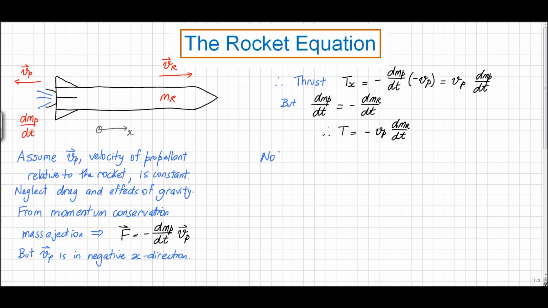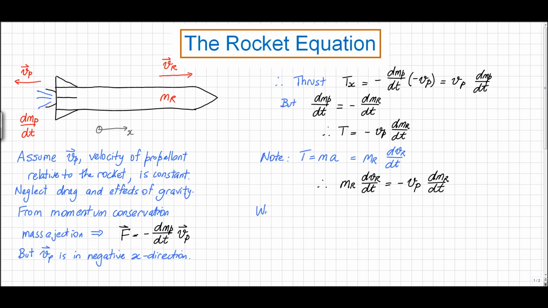Now we can also say that the thrust is the mass times the acceleration for the rocket. So our mass of the rocket is mr, and the acceleration is the rate of change of the velocity of the rocket with respect to time. So therefore, we've got two expressions for the thrust which we can equate. So we can say that mr dvr dt is equal to minus vp times dmr dt.